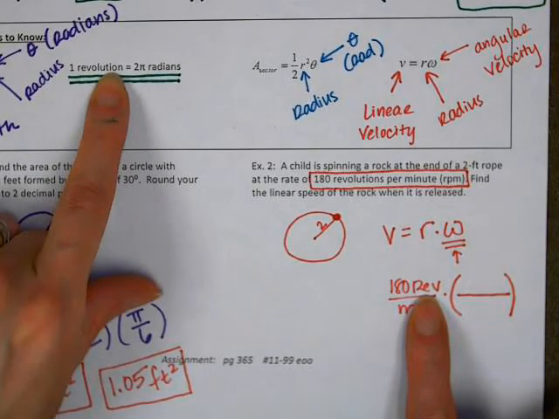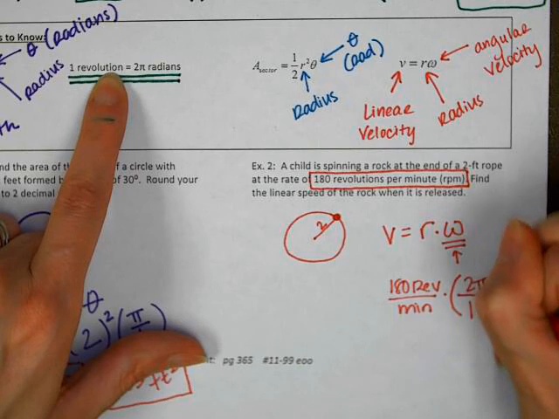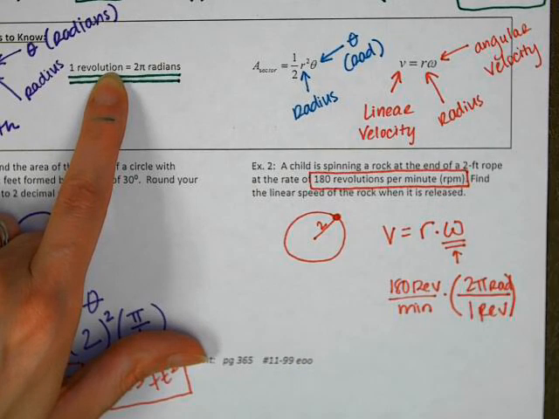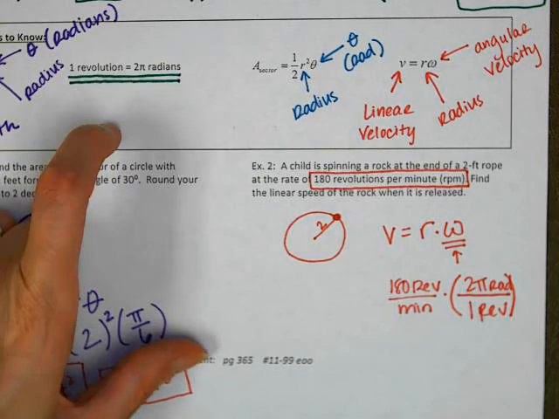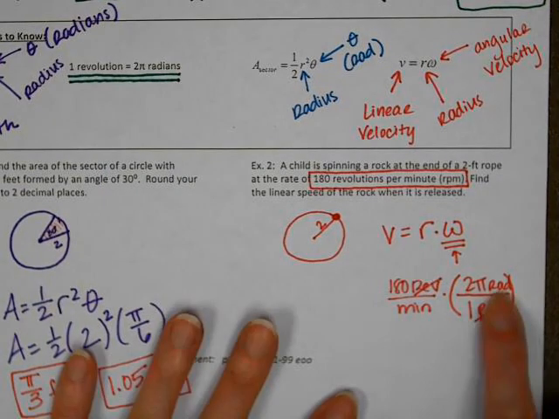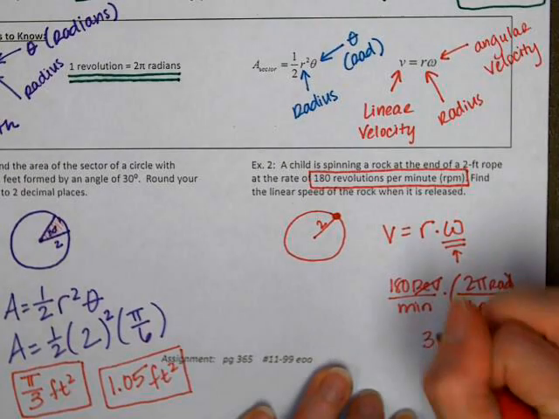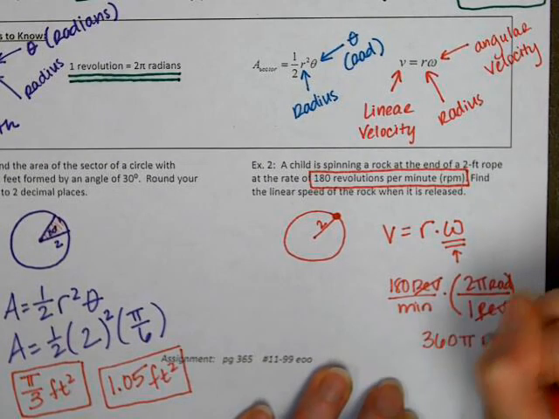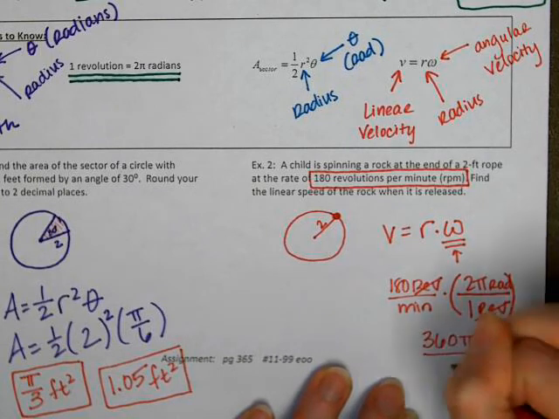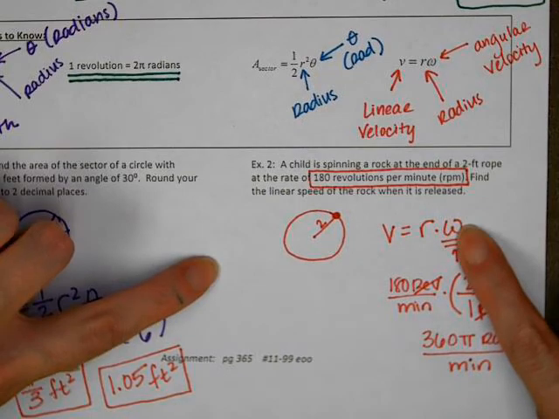Here. It's 1 revolution in 2 pi radians. All right, so if we do some canceling, the revolutions cancel, and if we multiply across, the angular velocity is 360 pi radians per minute. Okay, so that's going to be our angular velocity.